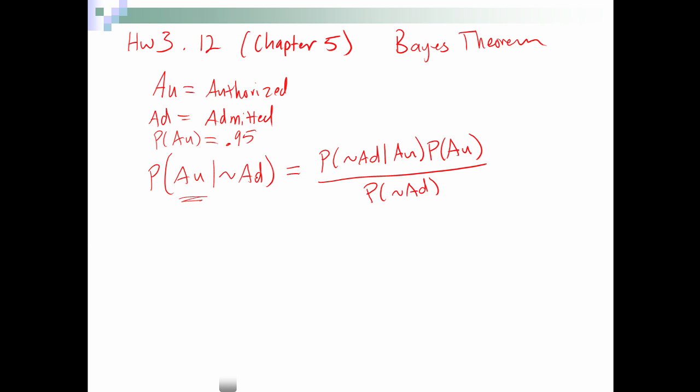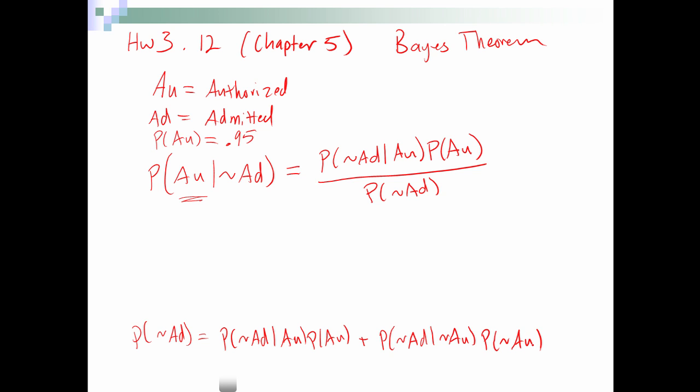So what other information do we have here, or what do we need? Well, let's first of all write out the probability of not being admitted. There's two ways this can happen. You can be not admitted given that you're authorized, multiply that by the probability of being authorized, and you can be not admitted given that you're not authorized, and multiply that by the probability of not authorized.